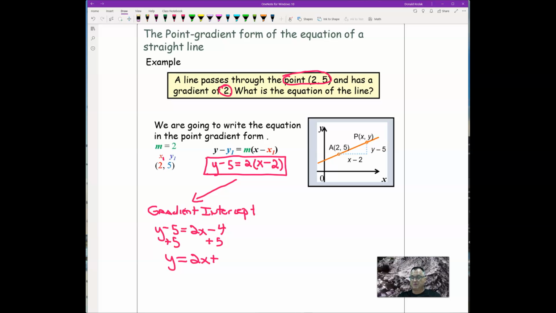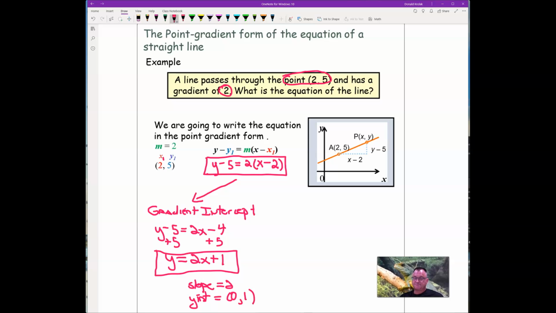Excuse me, I'm getting my words mixed up. I still call it slope intercept, just IB calls it gradient, so I kind of use them interchangeably. So I know this line has a slope of 2 and it has a y-intercept of (0, 1).